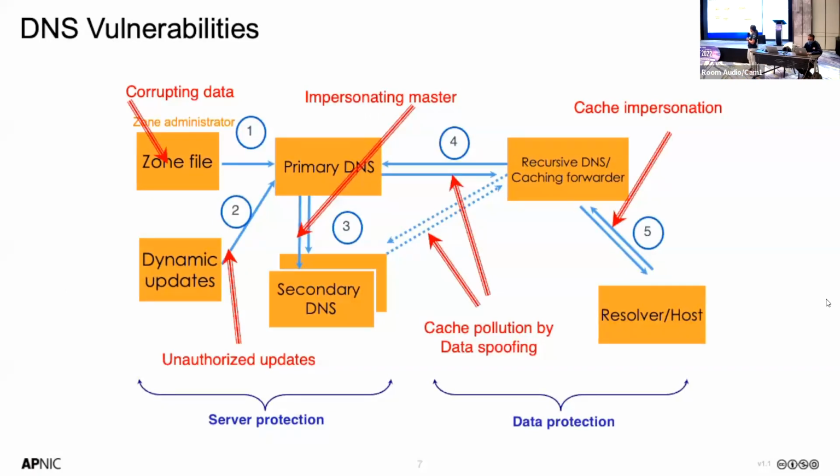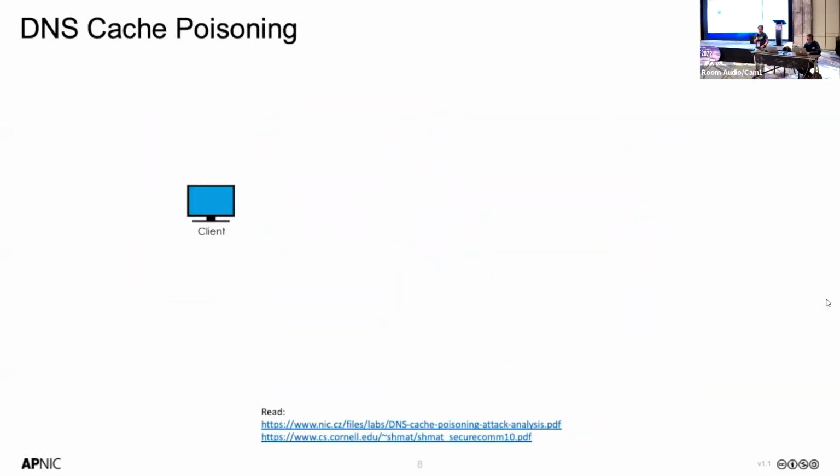Everywhere we can have corrupt data, cache pollution, unauthorized updates, cache impersonation. Our focus with DNSSEC is the second part, which is data protection. We're trying to prevent cache impersonation, cache pollution, and data spoofing. So DNS cache poisoning is preventable with DNSSEC.